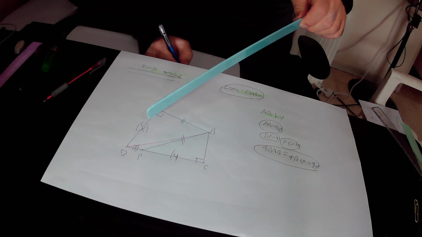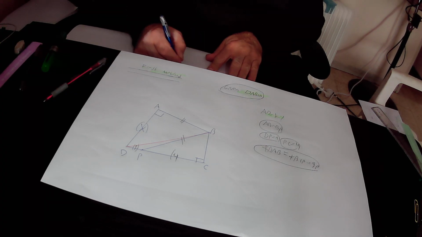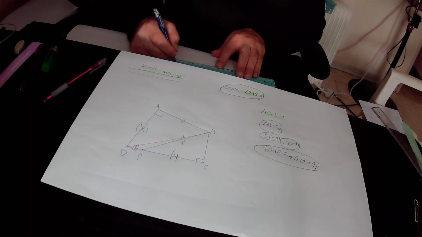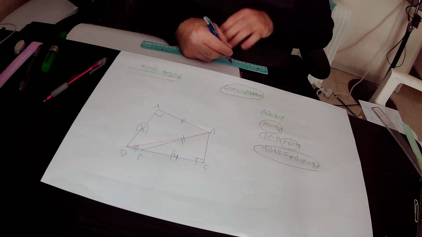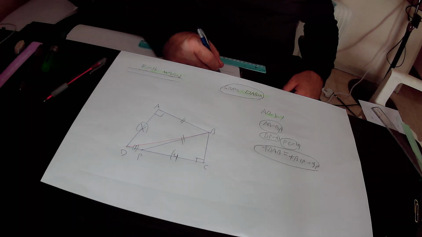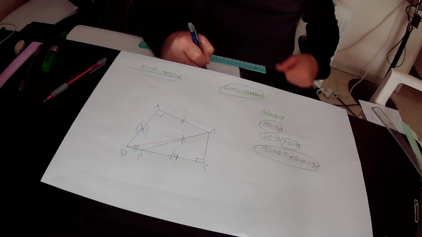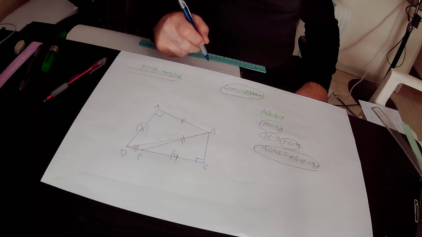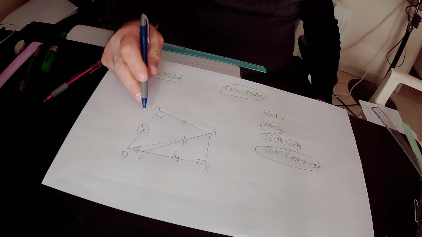In triangle ABD, according to the Pythagoras theorem, BD square, that is the square of the hypotenuse, equals AB square plus AD square.